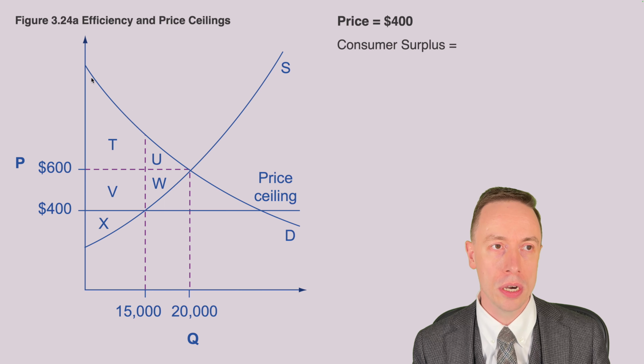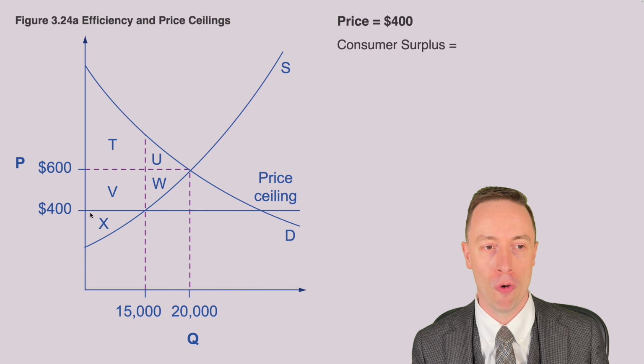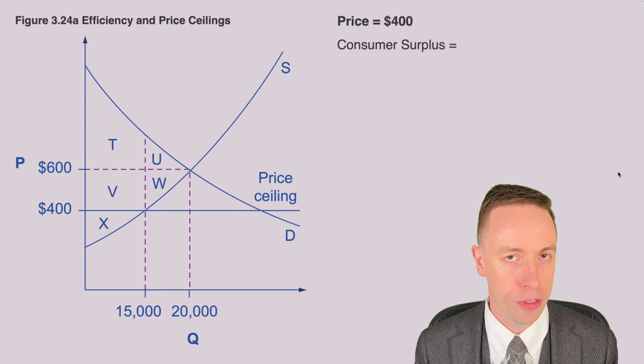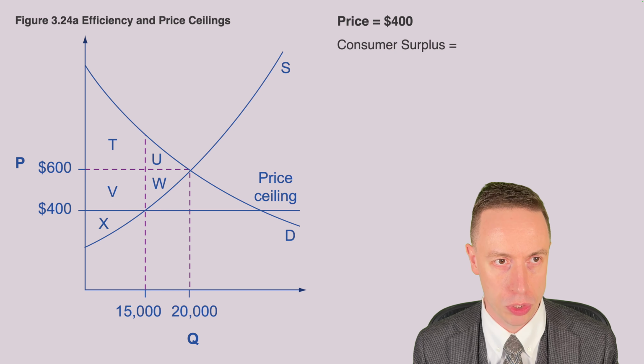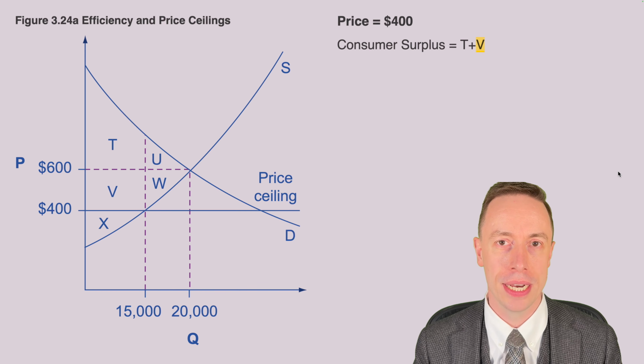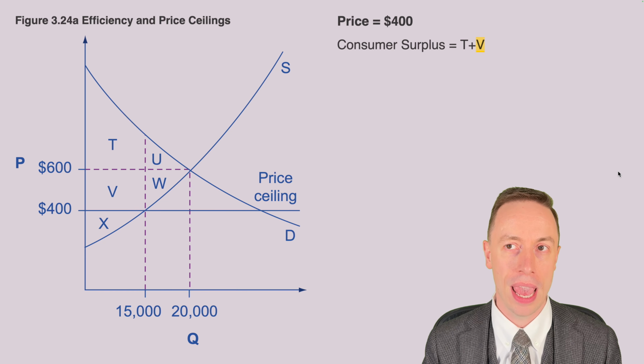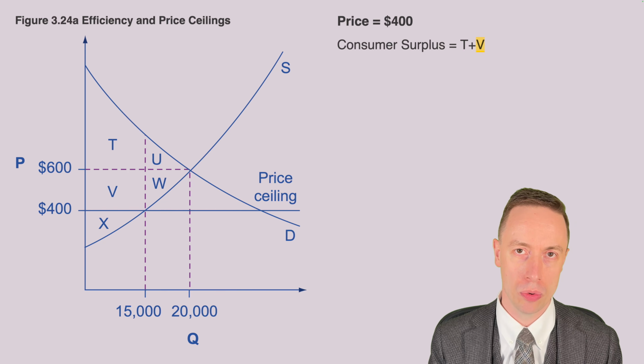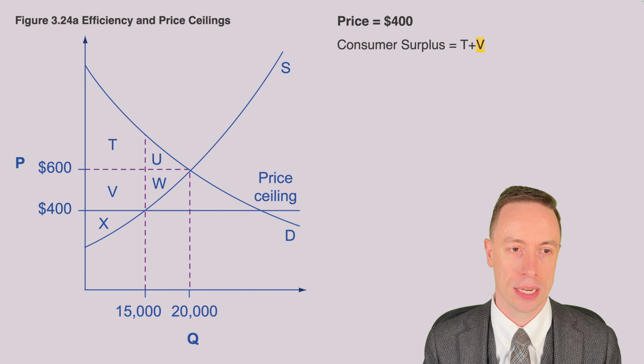So we look below the demand curve, above the now $400 price, but only for the buyers that can actually buy, the first 15,000 buyers. What do we find? Areas T and V. V is new.